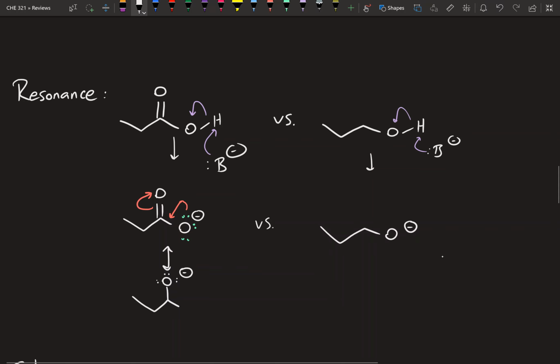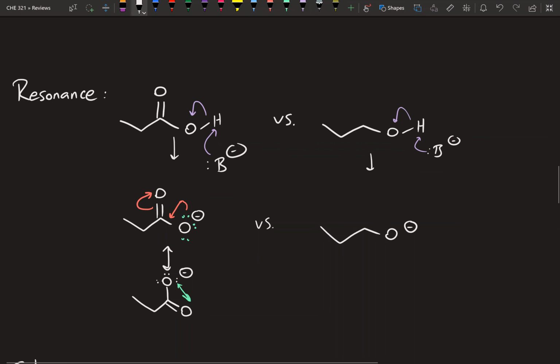So we have this, and now we have that. You see that this negative charge has now been spread out over a distance between that oxygen, through that carbon, into that other oxygen. Because it's not so tightly concentrated, it increases the stability of the conjugate base.